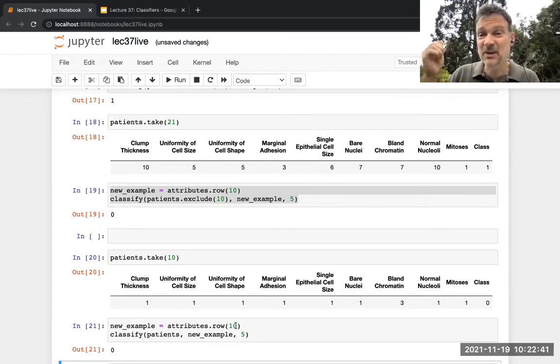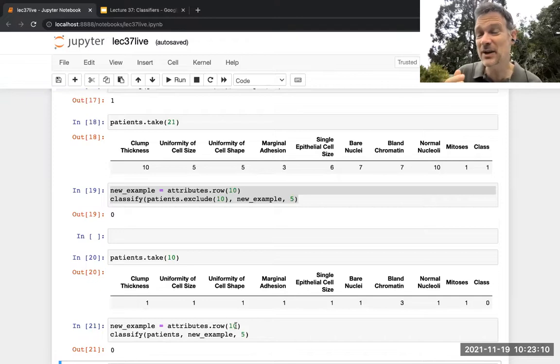So that's going to be the smallest distance, the nearest neighbor. And if I had used k equals 1, I would be making a prediction based on that patient's own class, which is known, but it's kind of cheating, right? It's kind of cheating because in real life, you're not actually going to have the specific patient you want to make a diagnosis for in the training set. You're going to have some past patients.